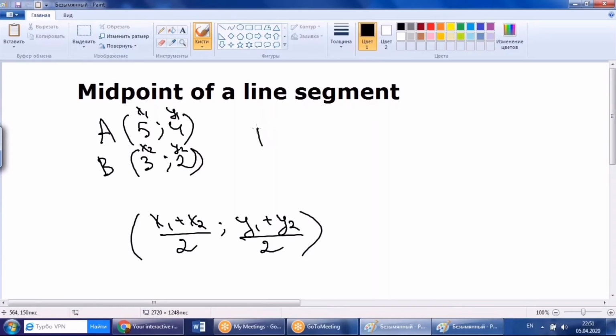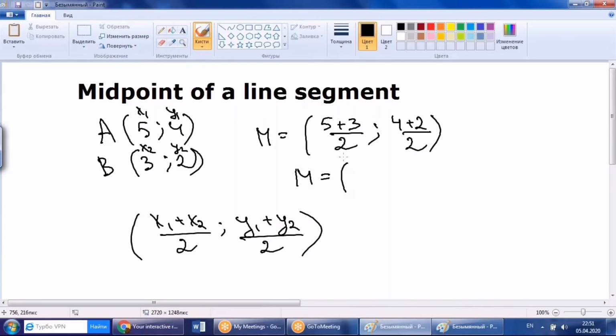So the midpoint is 5 plus 3 divided by 2 and 4 plus 2 divided by 2. So for the coordinates of the midpoint, 5 plus 3 is 8, divided by 2 is 4. And 4 plus 2 is 6, 6 divided by 2 is 3. So the point M, 4 and 3, is the midpoint of the line AB.